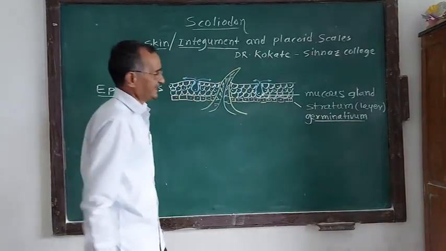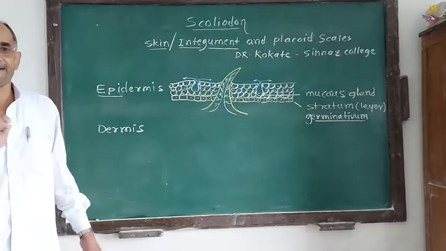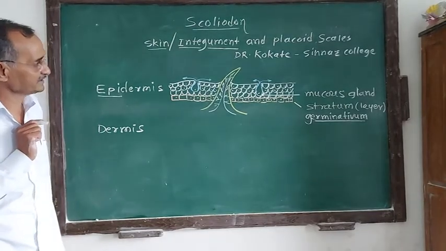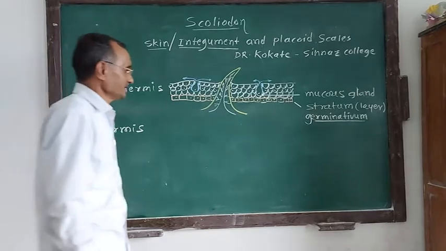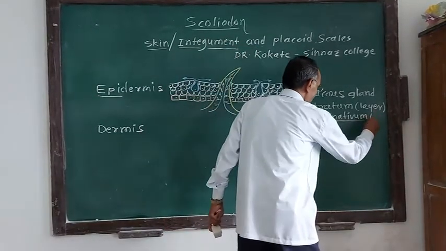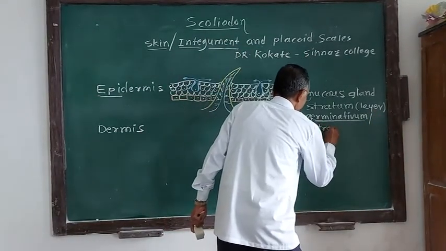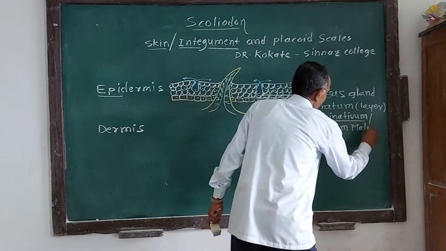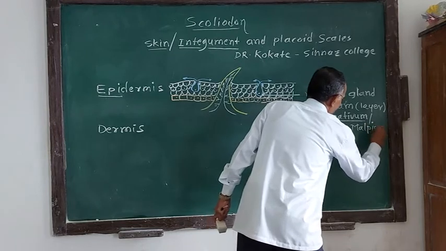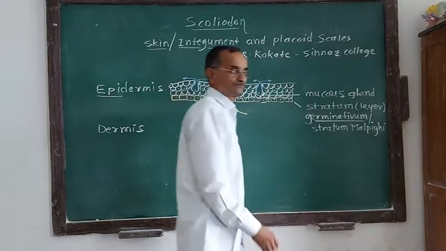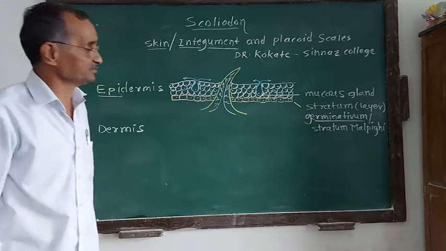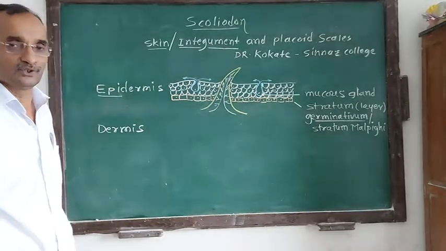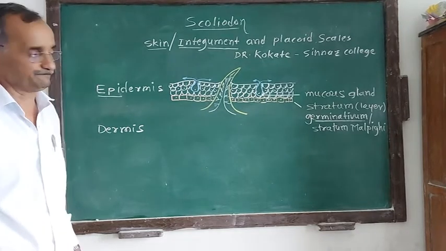Germinativum is a Latin word, and it indicates that it germinates something. So this layer is the stratum germinativum, also labeled stratum malpighi, because this layer was discovered by the scientist Malpighi.